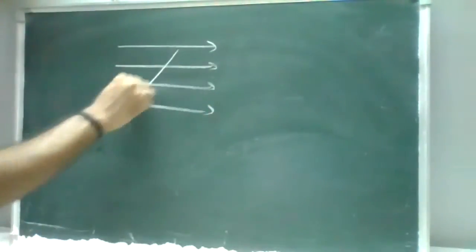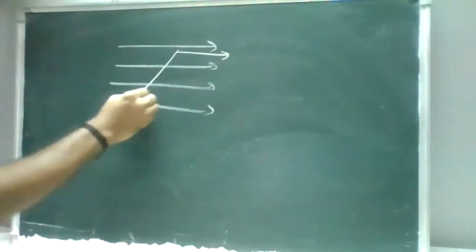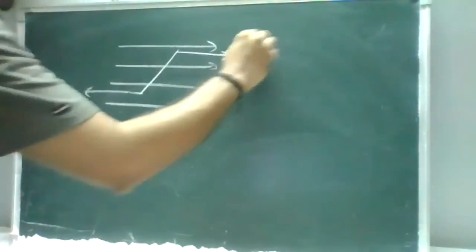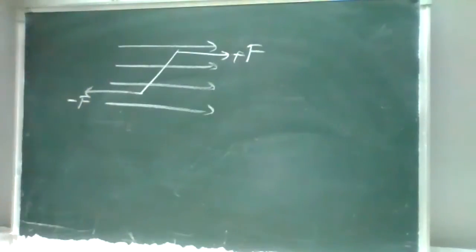So now we are going to find the torque, and how the distance and displacement look. As we discussed before, there are electric field lines, and in these field lines I am placing a dipole. One force acts in this direction and the other force in that direction. This one is plus and this one is minus.